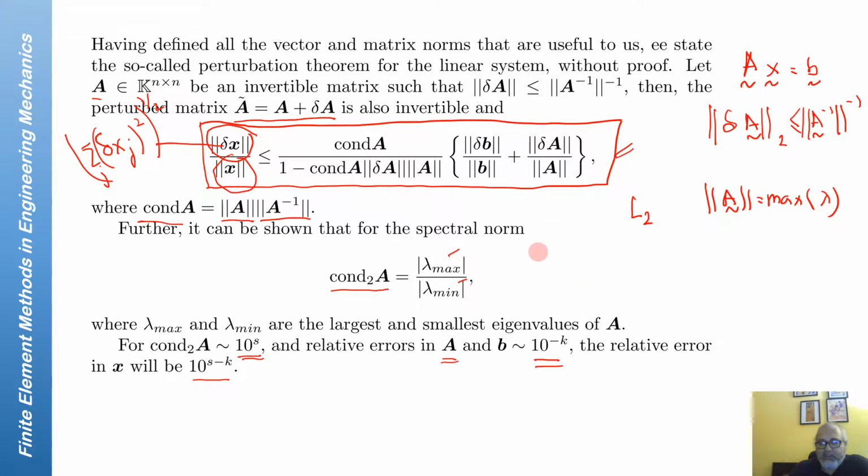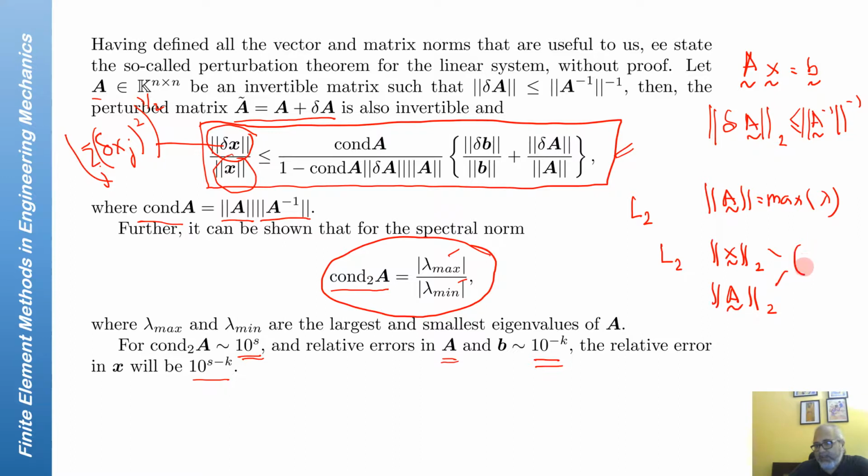The key takeaway is the ratio of the eigenvalues of A, which defines the condition number according to the L2 norm, which is what we are using. You should also remember the definition of the L2 norm for a vector and the L2 norm for a matrix, both of which are connected to the idea of inner product.